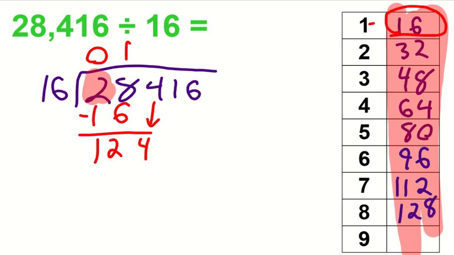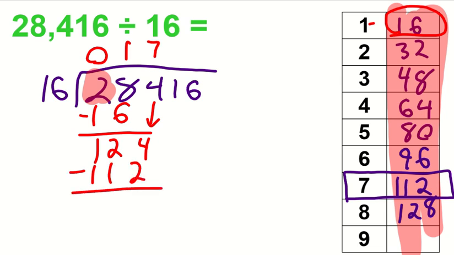And we can see we want the highest number less than, so that's right here. So we got a 7. And 7 times 16 is what I got right here. That's 112. So when I subtract, I get 12 again.